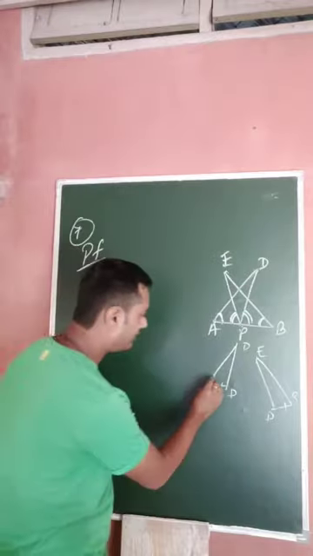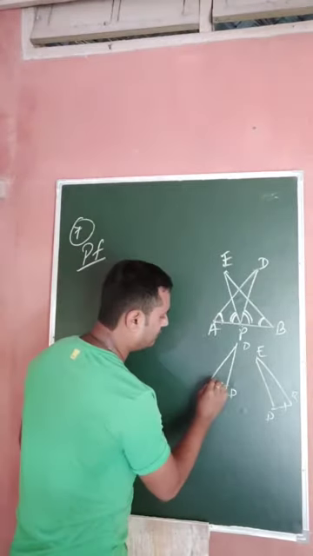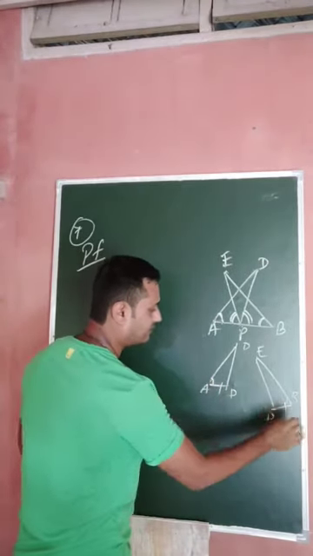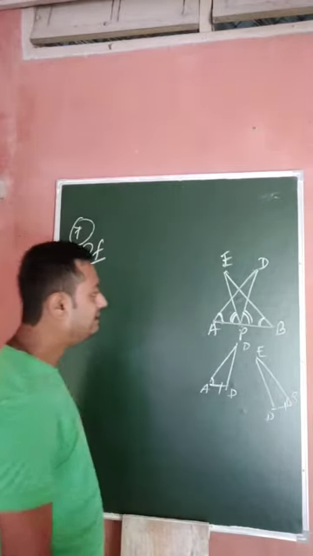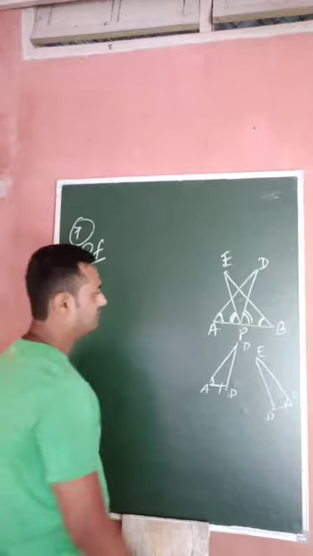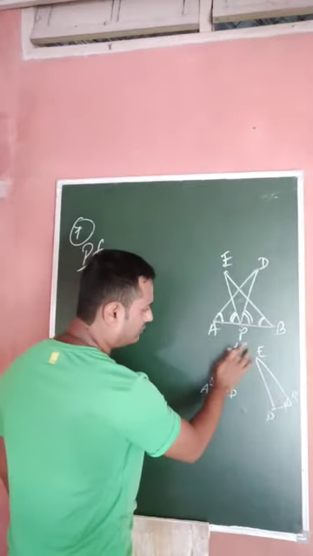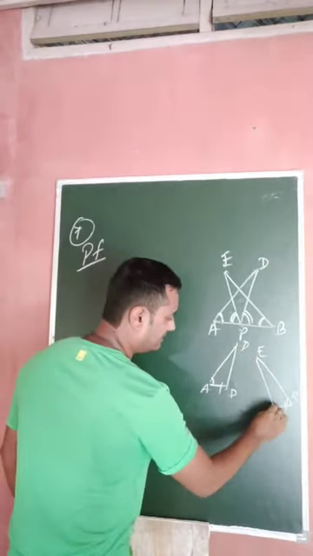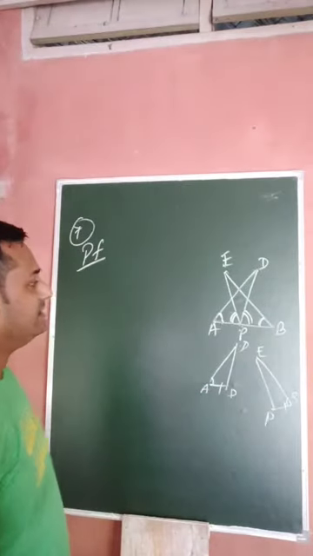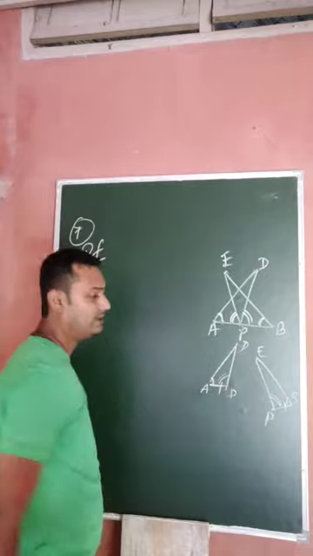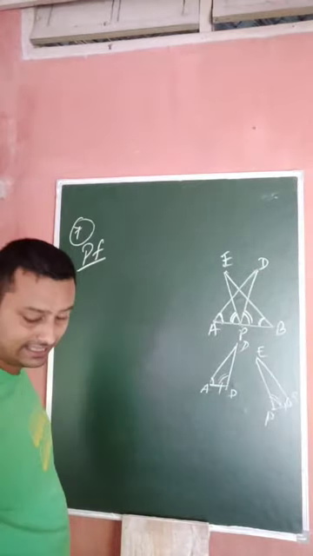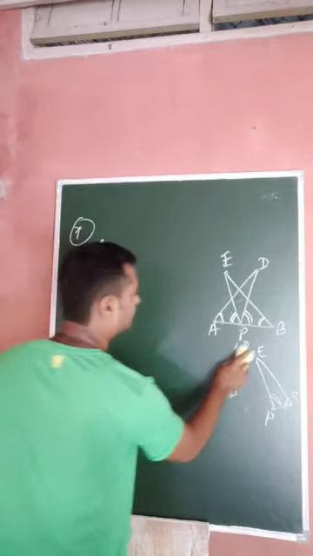That means these two angles are also equal. Okay. So side, angle, if you prove this angle EPB, and this angle are equal, then you can use ASA criteria here.